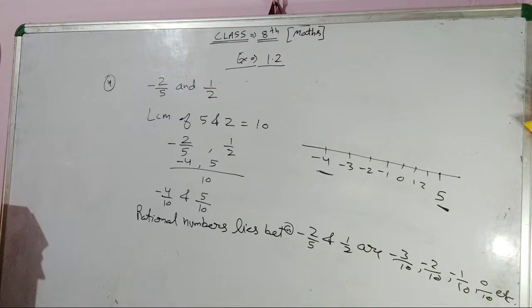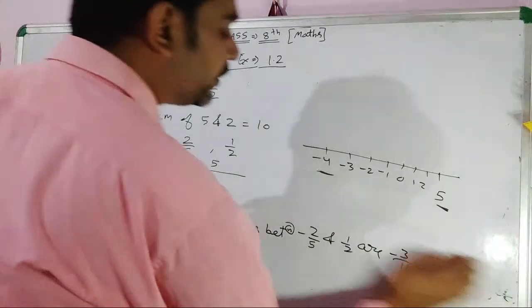Now the next question, question number 6. In question number 6, you have to write 5 rational numbers greater than -2, and this question is very similar to question number 3.